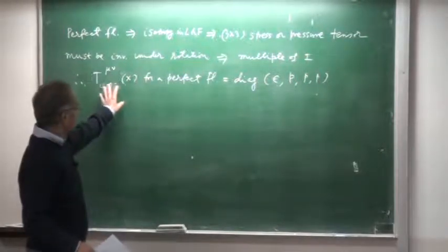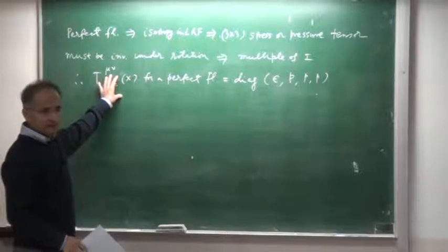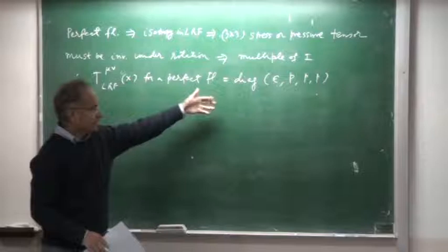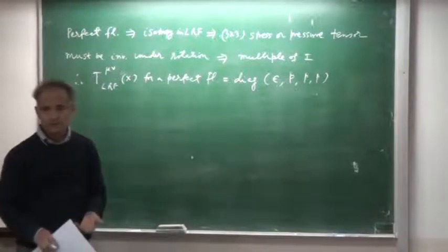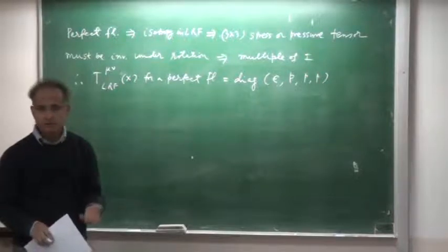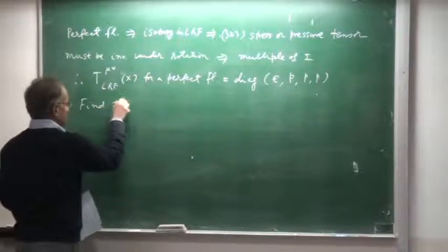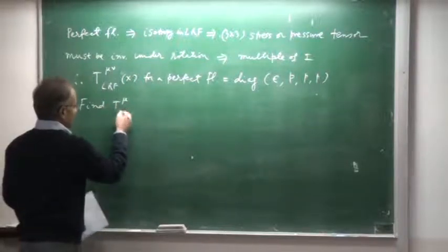To know if this is a tensor with two indices, you know it in one frame, you can find it in any other frame by making a Lorentz transformation. So I think that can be done in the tutorial: find T^{μν} in any frame.